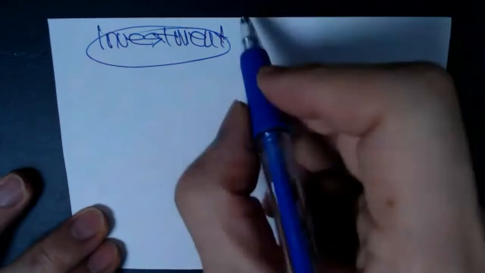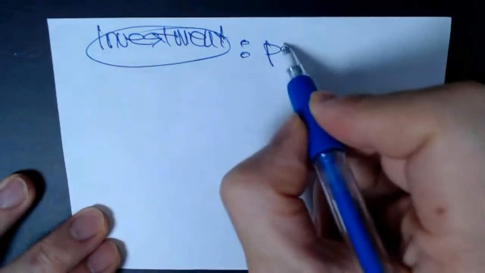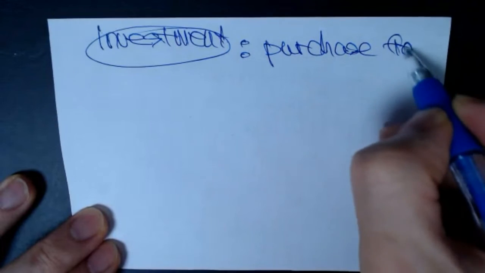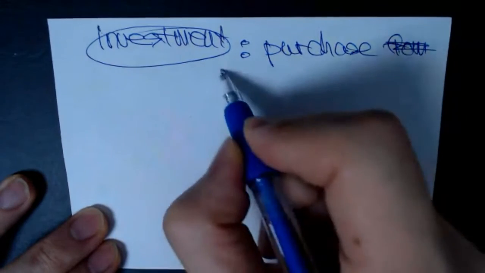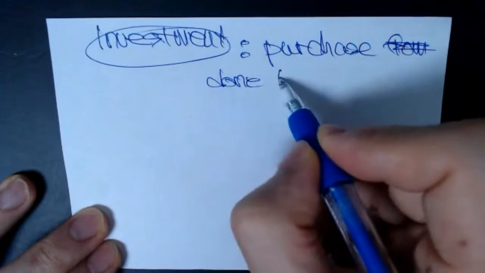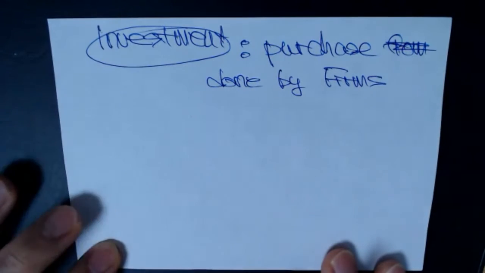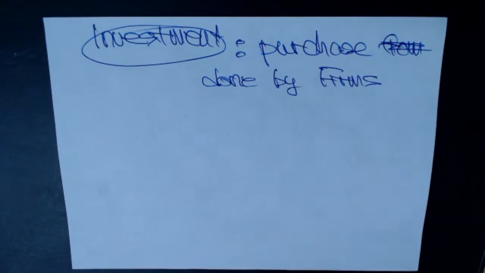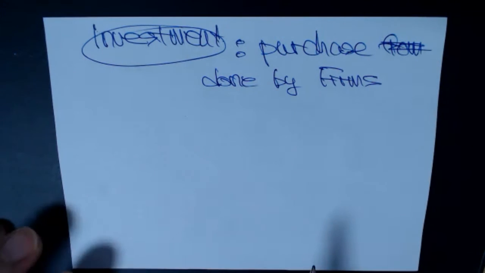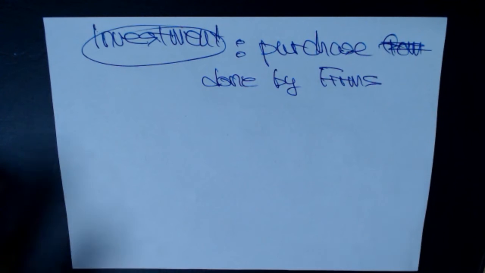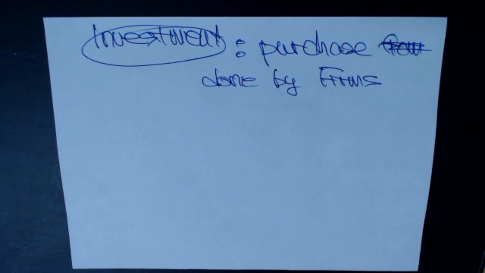So please remember that investment is purchase done by firms. Okay, so that's the definition of investment. Now, we have to consider what's the nature of the purchase of this firm.